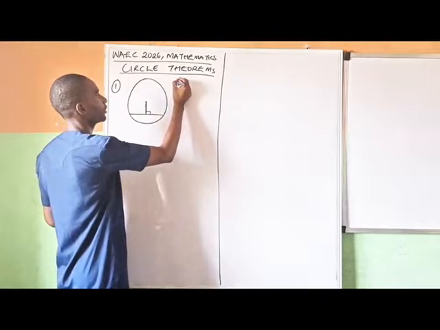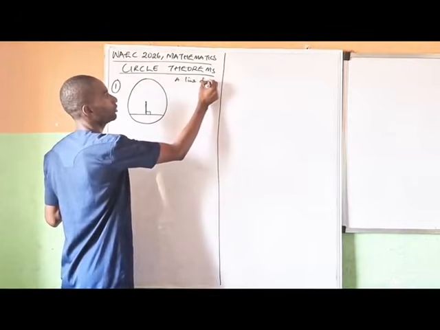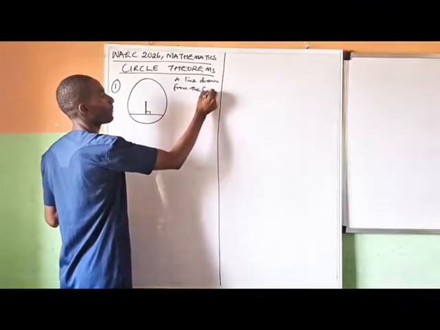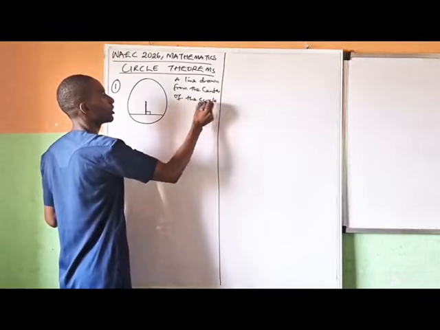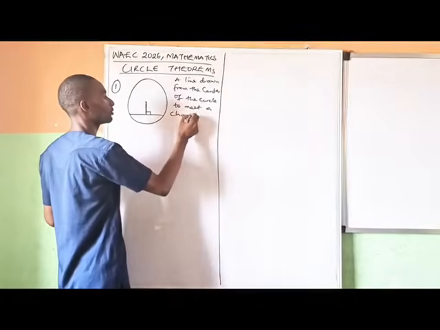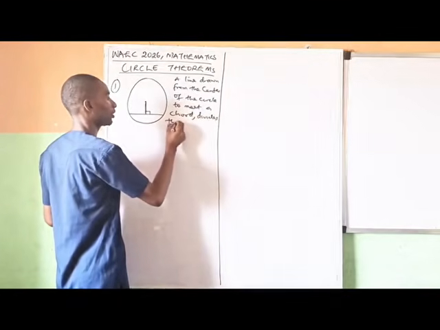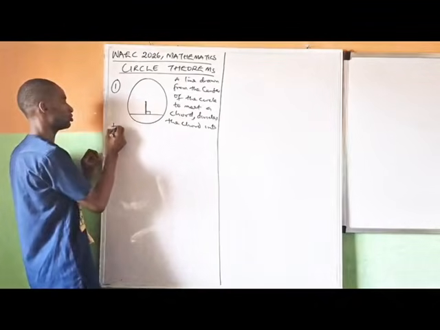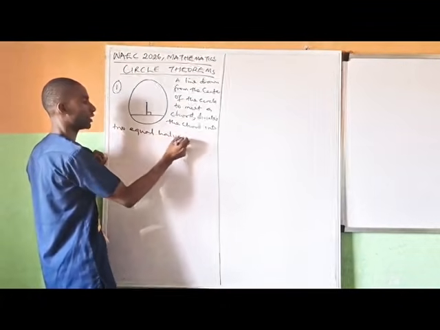So the theorem says a line drawn from the center of the circle to meet a chord divides the chord into two equal halves. That's number one.